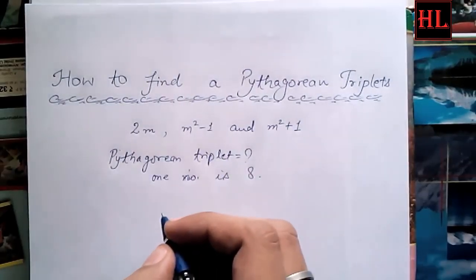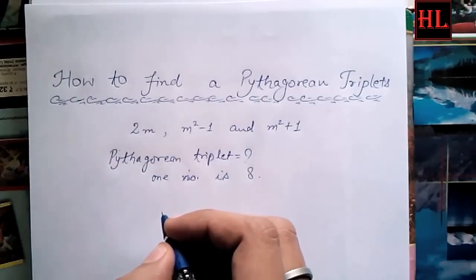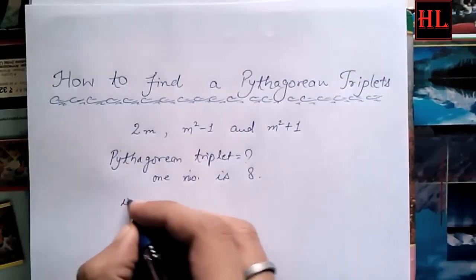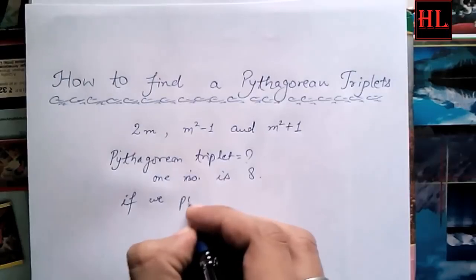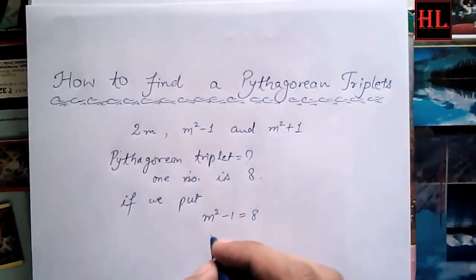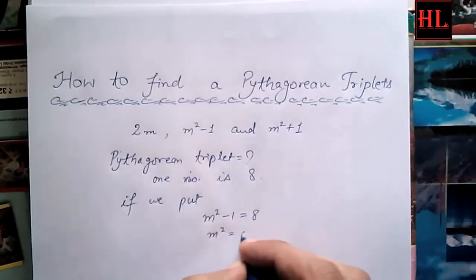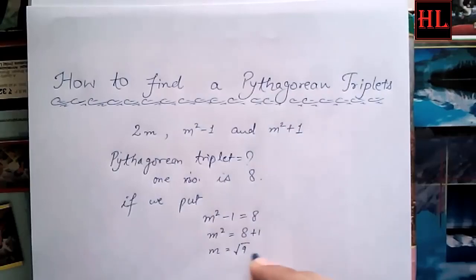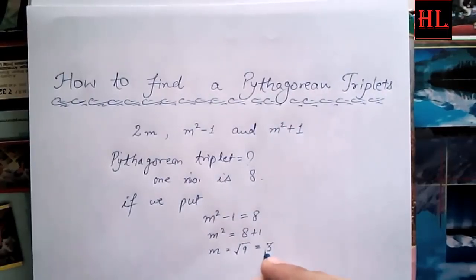Now we compare 8 with these three forms 2m, m square minus 1 and m square plus 1 and see if we could get a positive integral value for m. So if we put m square minus 1 is equal to 8, we see that for m we get an integral value 3.